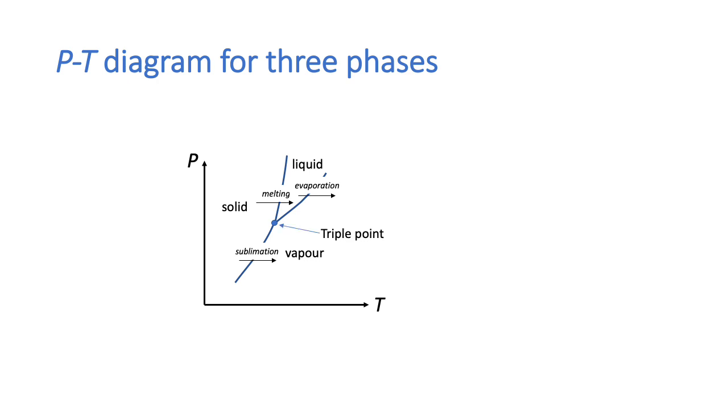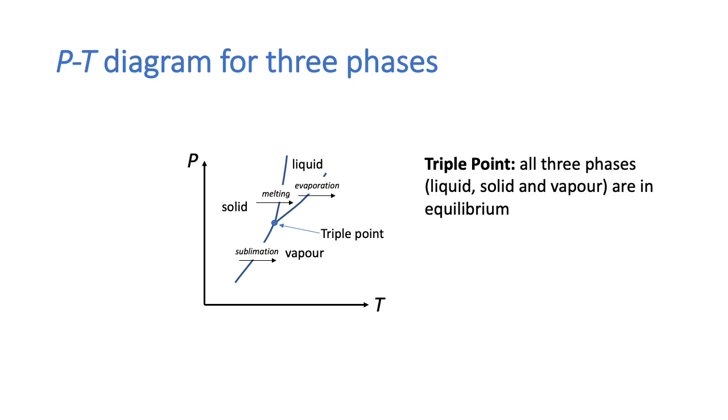The point where all three curves meet is known as the triple point. At the triple point, all three phases, liquid, solid, and vapor, are in equilibrium. For water, the triple point occurs at a pressure of 611.73 pascals and at a temperature of 0.01 degrees C. At this state, we can observe ice, steam, and water, all three in equilibrium.